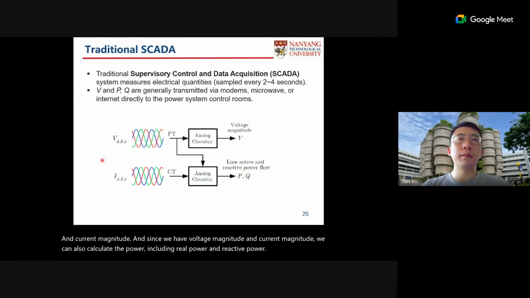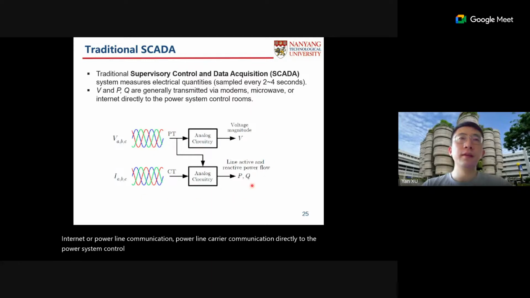To summarize, the SCADA system mainly measures the voltage magnitude, real power, and reactive power. These signals are generally transmitted through modems, microwaves, internet, or power line carrier communication, directly to the power system control rooms.